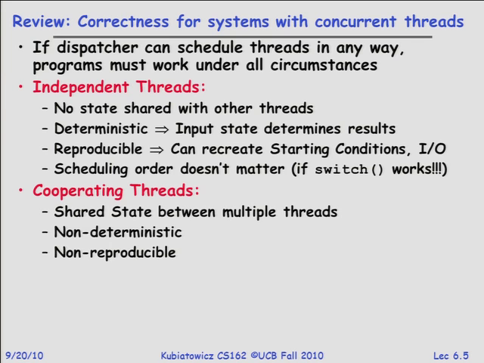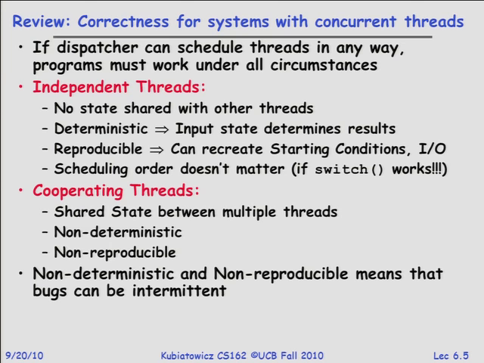Several seats throughout. So cooperating threads are non-deterministic. They're non-reproducible. You run them twice, and if you've programmed them badly, you get a different answer each time. That's kind of unfortunate. And this is often called Heisenbugs.